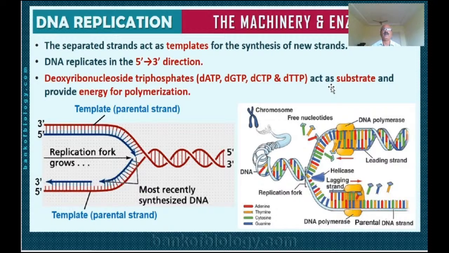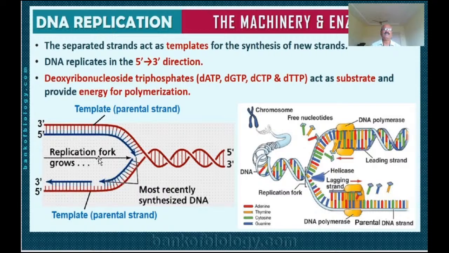DNA possesses so many nucleotides, but the types of nucleotides are only 4, based on the type of nitrogen base. Here adenine, guanine, cytosine, thymine are the 4 types of nitrogen bases. Whereas sugars and phosphates are common. In DNA the sugar is deoxyribose, and the phosphate radical is common. So 4 types of nucleotides are there. So this is the replication fork.